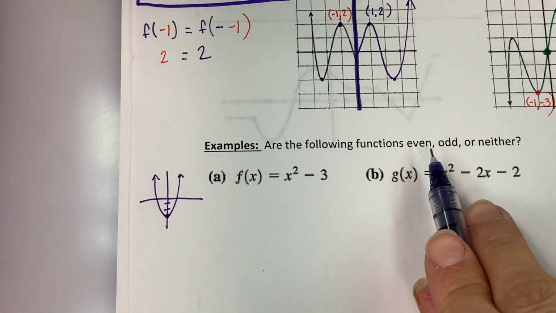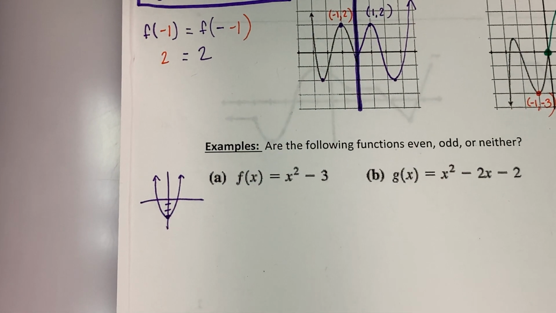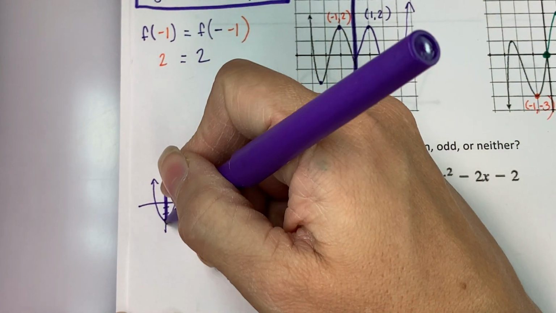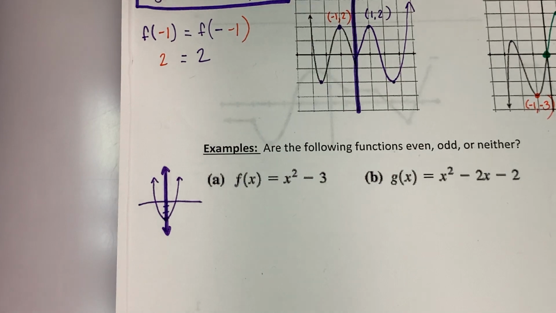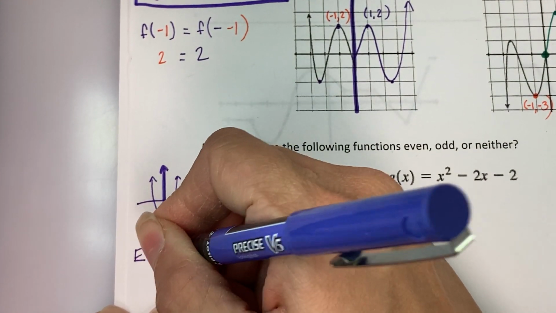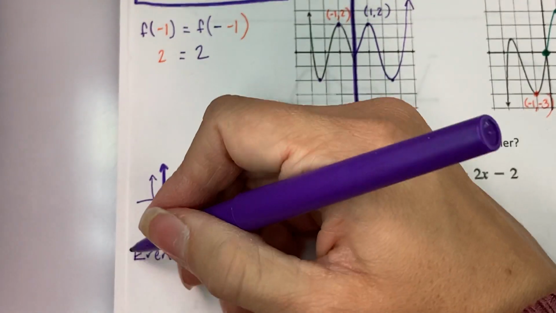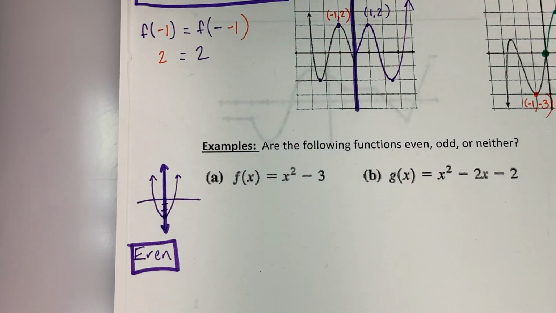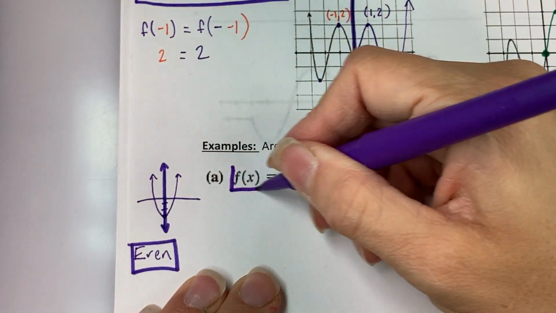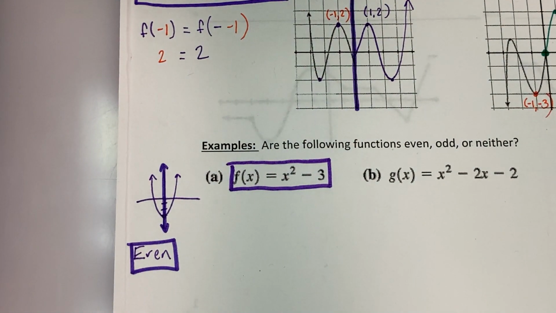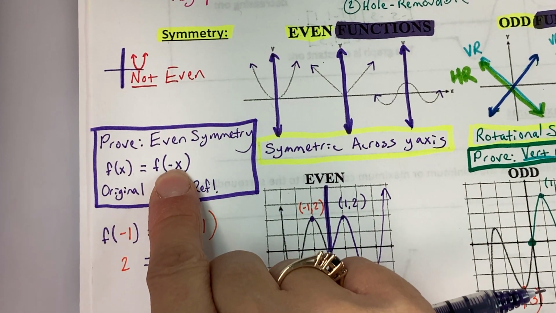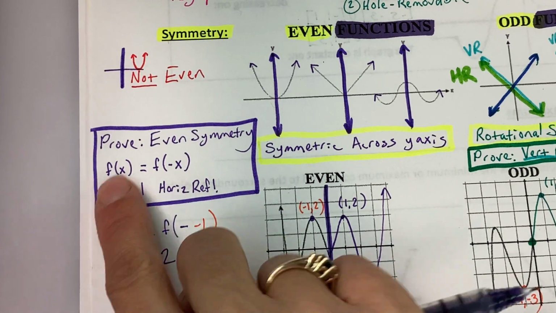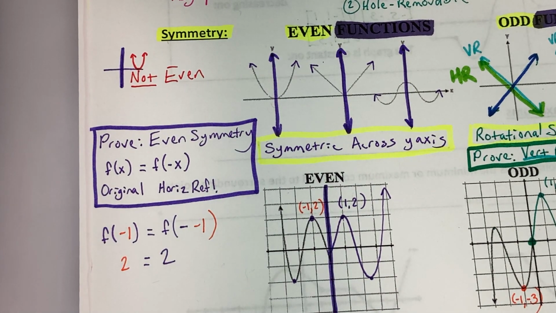Now, does this look like it has even symmetry? We can fold it in half across the y-axis, so that's going to be a yes. This has even symmetry. Now, let's say we wanted to prove it algebraically. So what we want to show is that if we apply a horizontal reflection to the whole function, it will give me the same function f of x.